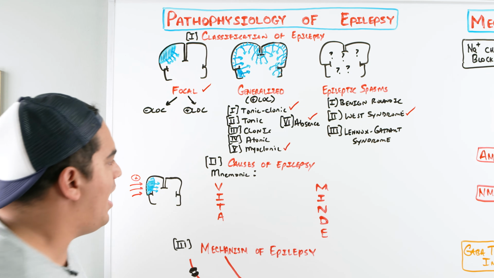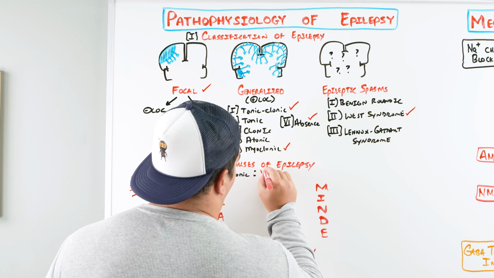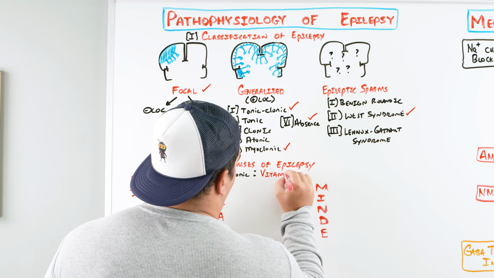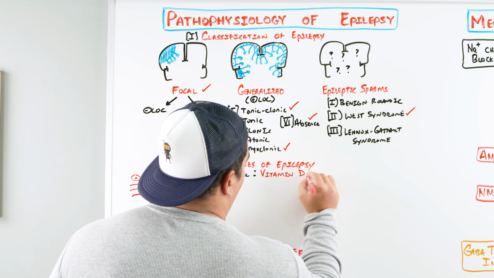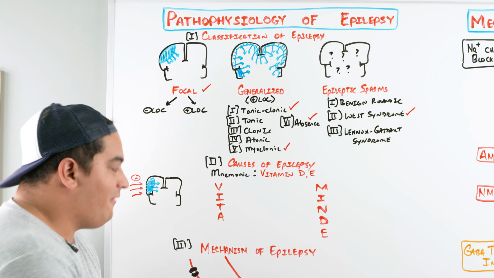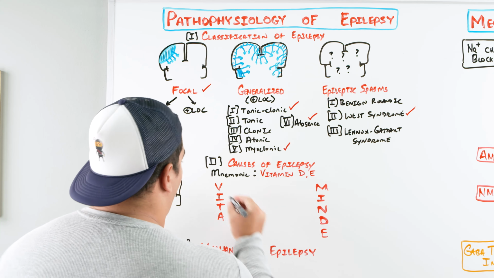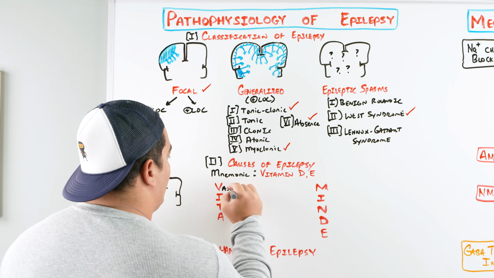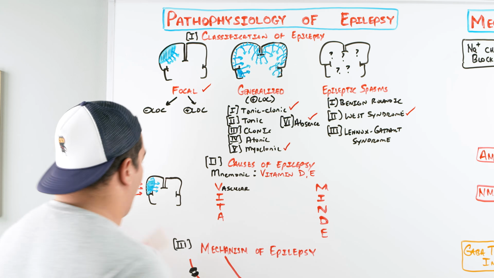And I want you to remember the mnemonic vitamins, or actually, I'm sorry, vitamin D, E, okay? So V is for vascular etiologies. If there is some type of bleed within the brain, that can cause an irritable area of the brain.